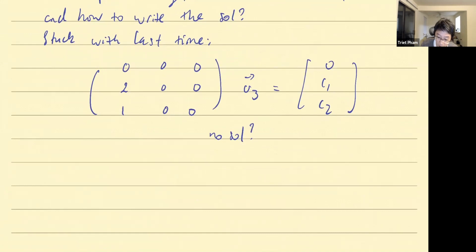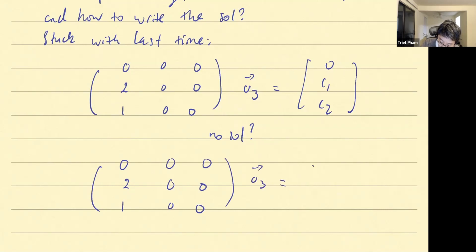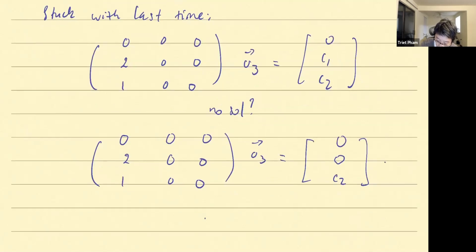But let me put a question mark here, because there's something you can say there. And then we have the idea that let's just pick one of them. Actually, that's not a good idea either. Let's say this. This clearly has no solution. All right.